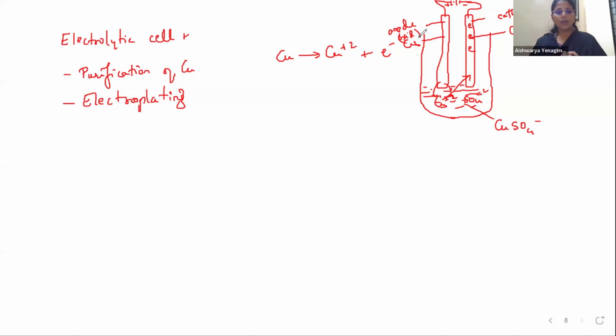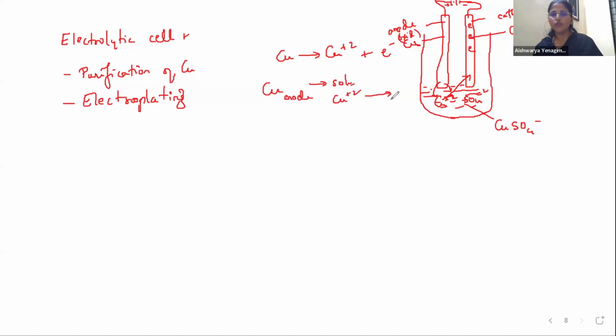Overall, what is happening is that from the anode, Cu is coming into the solution and becoming Cu plus 2, and that Cu plus 2 itself is going to the cathode, taking the electrons and getting deposited as Cu on the cathode. In simple words, Cu from the anode is getting out, coming into the solution, and at the cathode, Cu is getting deposited from the solution. So you can show this Cu from the anode is coming into the solution in the form of Cu plus 2.